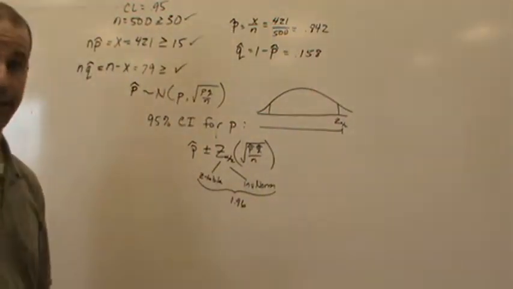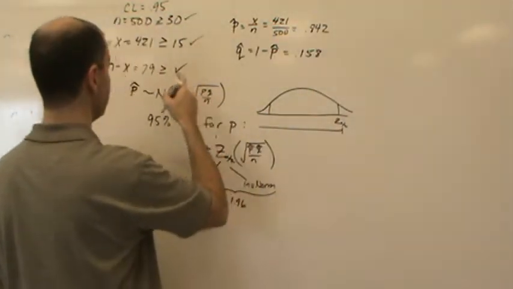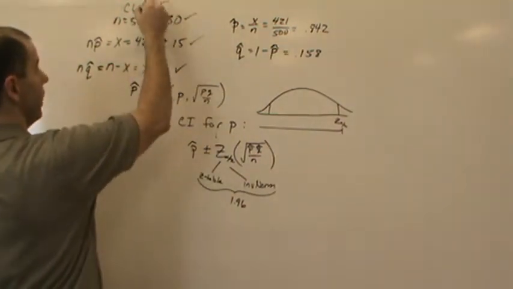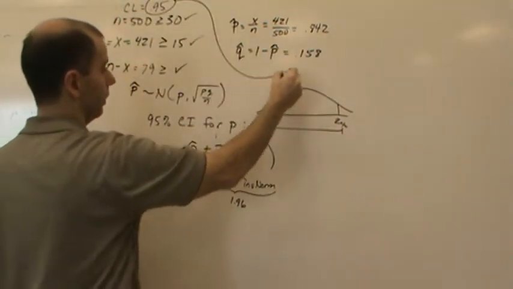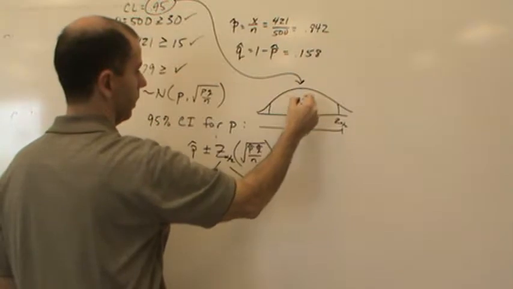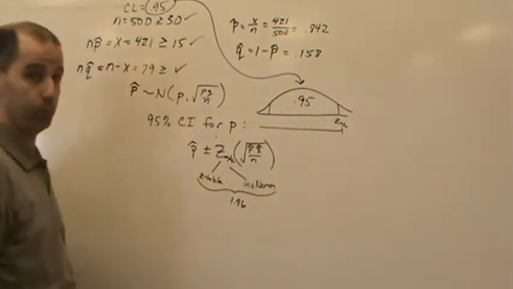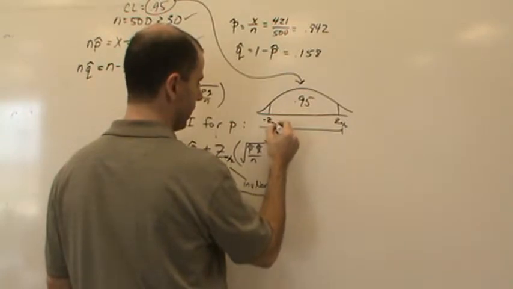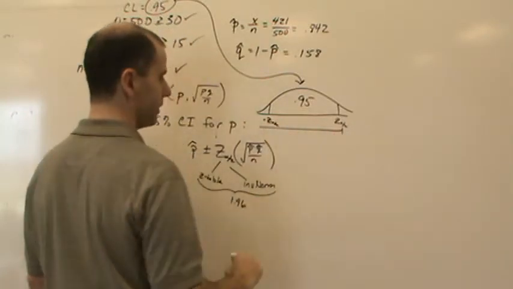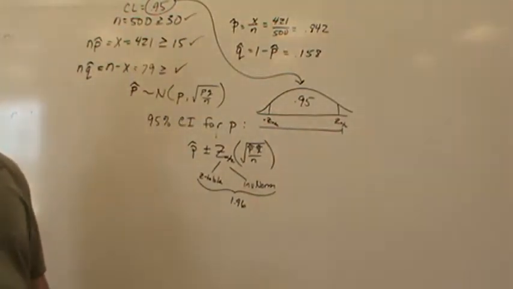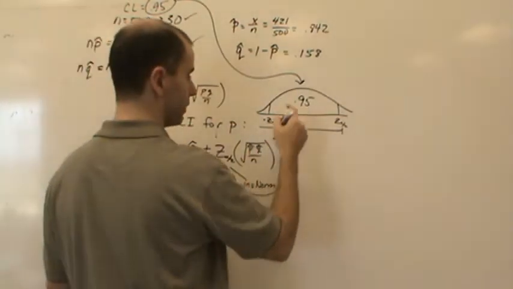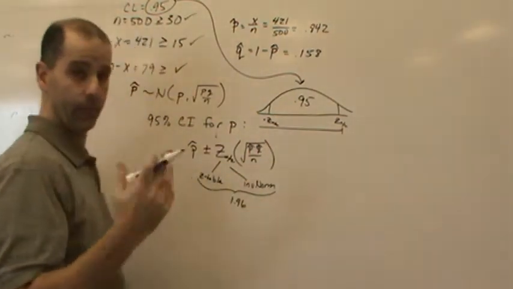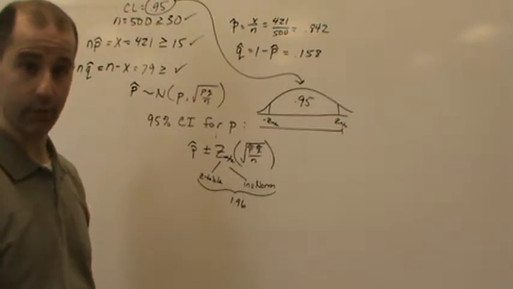What's the middle area? That's our confidence level. Remember, the confidence level tells us the middle area between our two critical values, right? So we get the negative z alpha divided by 2 and positive z alpha divided by 2. We know that the area between these has to be 0.95.